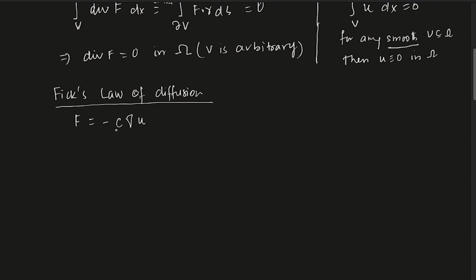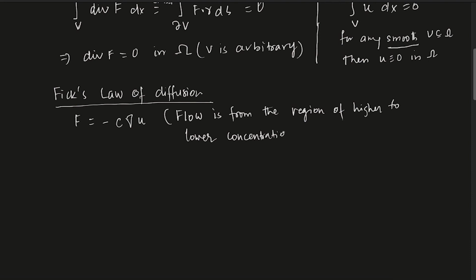Because the flow, the flux density, is from the region of higher to lower concentration. If there is a flow in the system, that is always going to be from a region of higher concentration to the lower concentration, right?